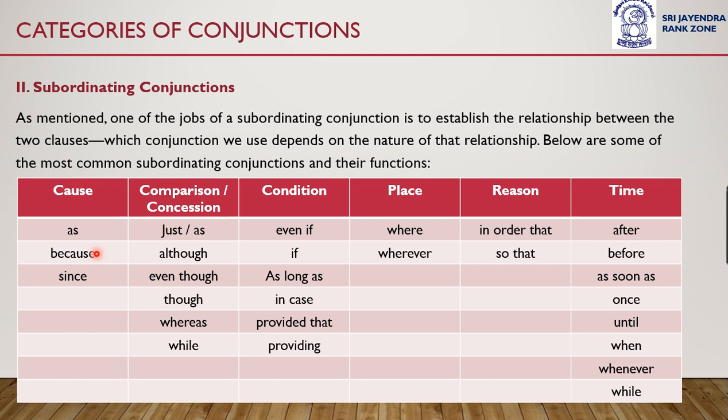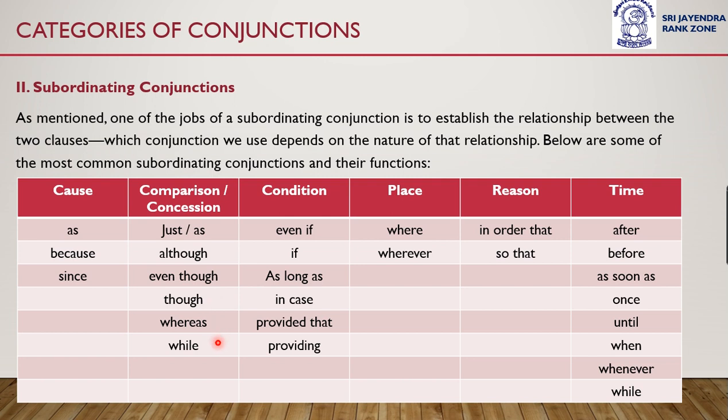Similarly, if the relationship between the two clauses is of comparison or concession, we will use conjunctions like just as, although, even though, whereas, while. So if we want to compare two different phrases, then conjunctions like although, even though, whereas, while would be used.